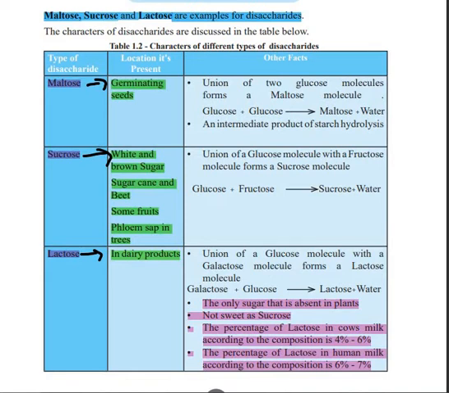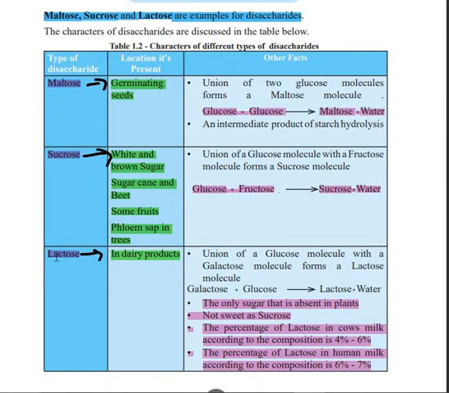Union of a glucose molecule with a fructose molecule forms a sucrose molecule. Here we see an equation: glucose plus fructose gives sucrose plus water. And glucose plus glucose gives maltose plus water.